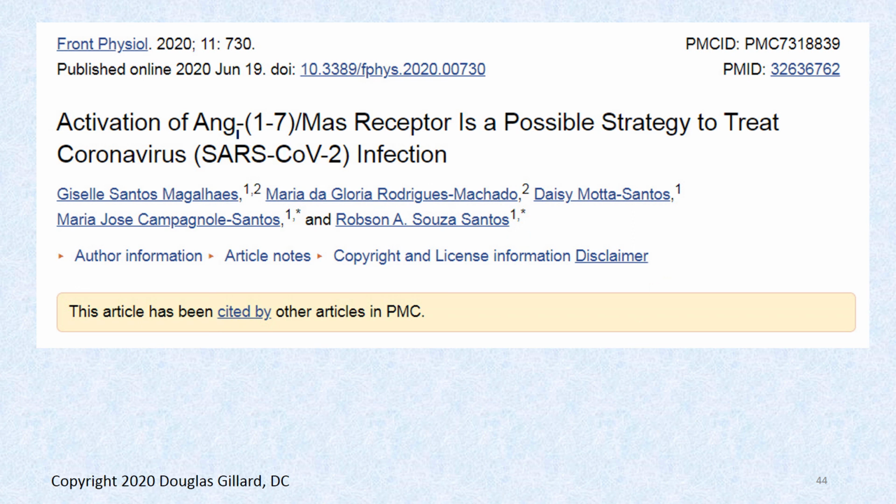This angiotensin 1-7 MAS receptor, in people with COVID, they're trying to figure out a way to activate these MAS receptors. We can't activate them. How come you can't activate them in someone with COVID? Because the ACE2 receptors, which make angiotensin 1-7, are shot.